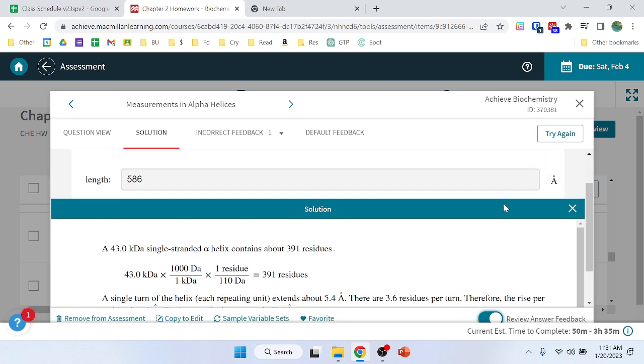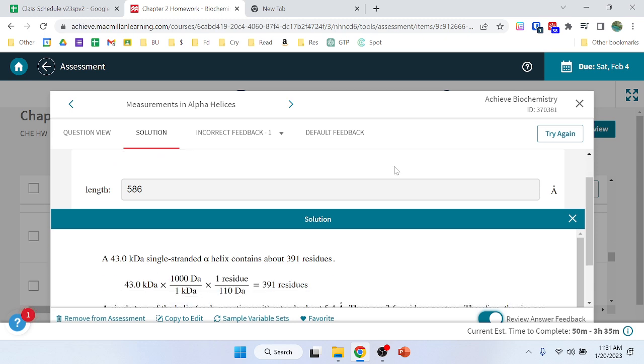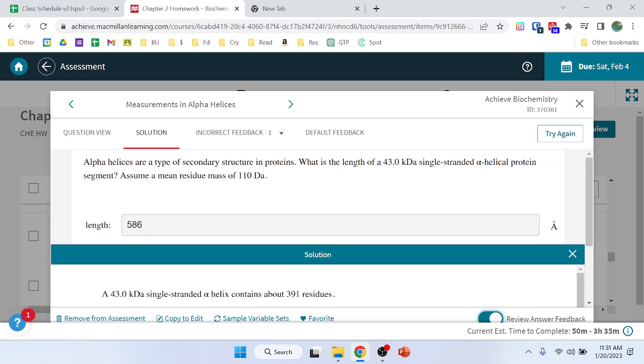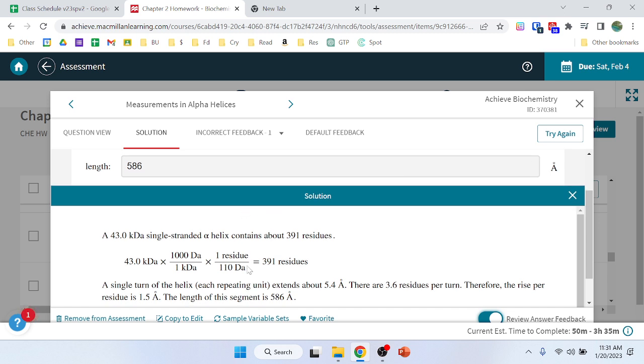Okay. So the first thing we need to do is, well, we have this 43 kilodalton. We need to get that into residues. That's important because we were given a number for the conversion between daltons and residues. We have the 43 kilodalton.